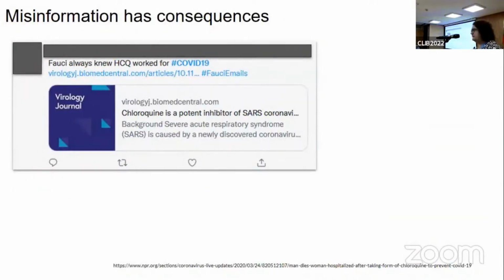So first of all, let's look at one real-life example taken from Twitter. The tweet says that somebody always knew that a substance called chloroquine, abbreviated as HCQ, worked for COVID-19.